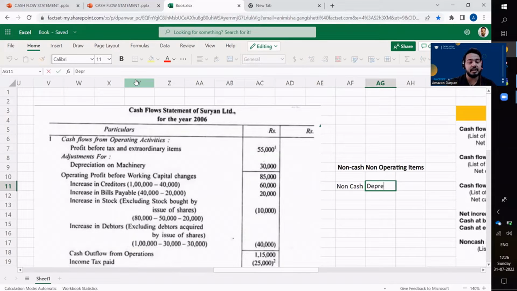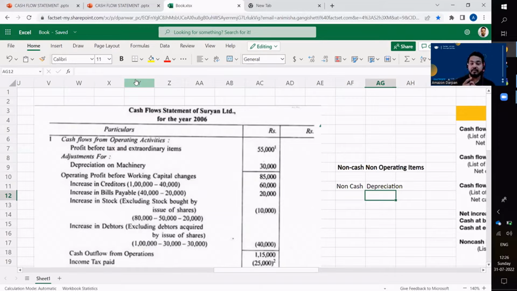One is depreciation. Now, why do we call depreciation a non-cash expense? Because just imagine you have bought machinery worth 10,000 and 10% is the depreciation rate per year. So the total amount of depreciation for that year would be 10% of 10,000, which is 1,000 rupees.